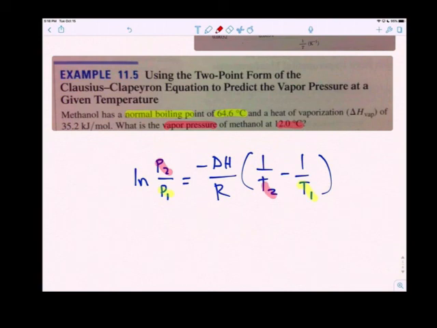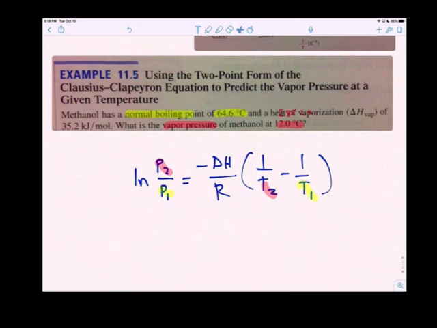So just make sure you're consistent. You can do it either way. Just make sure you're consistent with what you choose. And with this as well, don't forget that this is in Kelvin. So 64.6 degrees is going to be 285.2 Kelvin, and 12 degrees Celsius is... I'm sorry, I got this backwards.